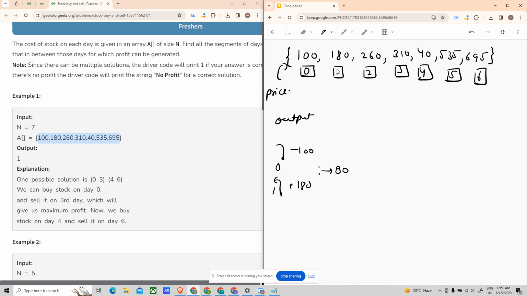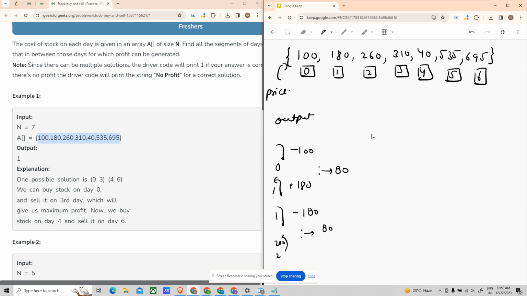Then I can see 180 to 260 also, so I buy on 180 again and sell on 260, giving a profit of 80 rupees again.